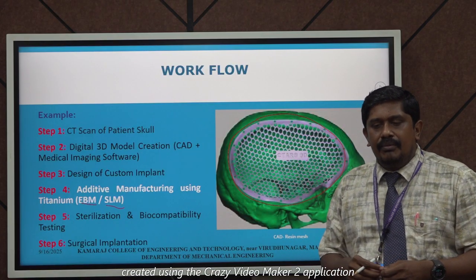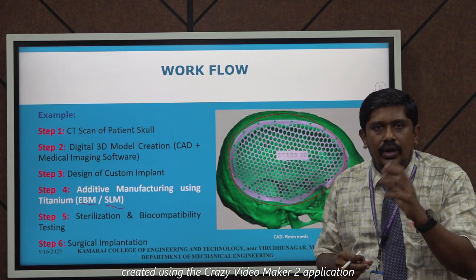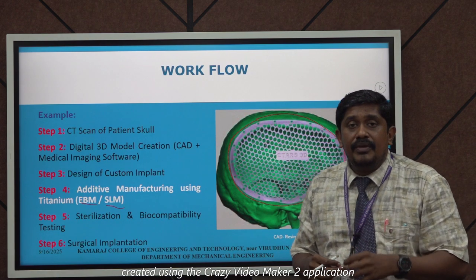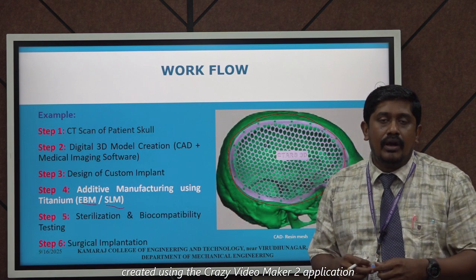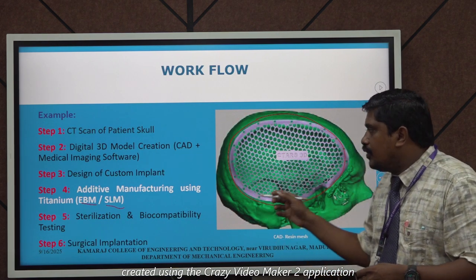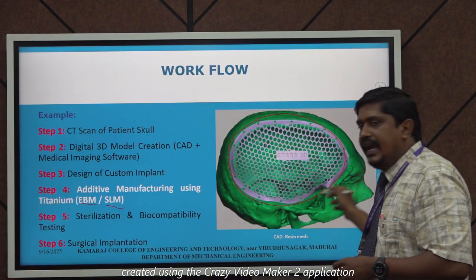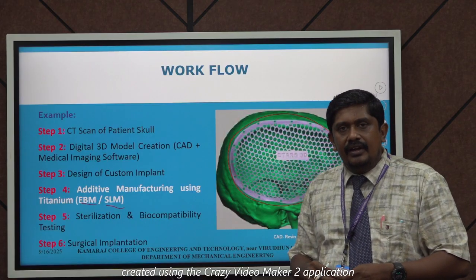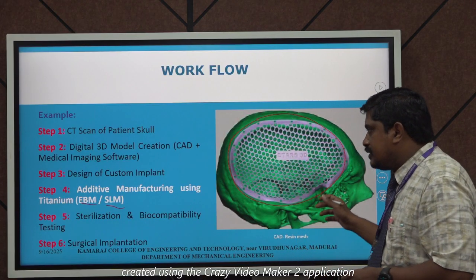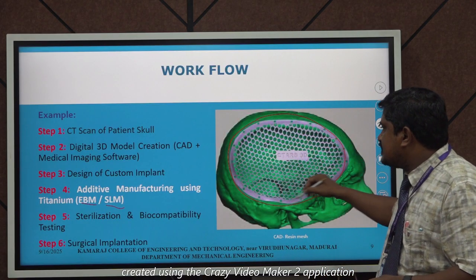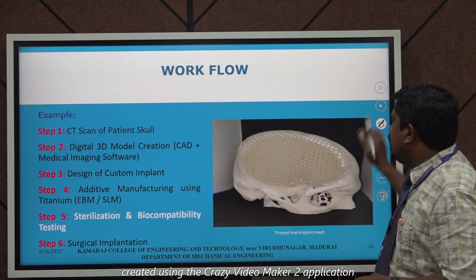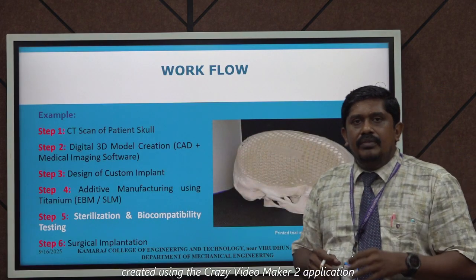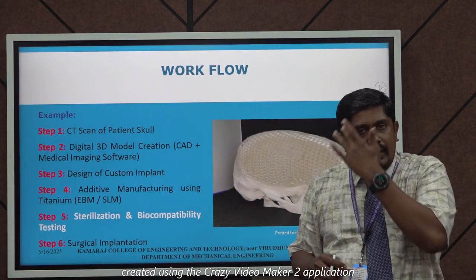This is a metal additive manufacturing method widely used for titanium products and alloy products. By using this software, we can create the 3D design, and we will print the final metal additive manufacturing product. Once the final stage is accepted, we go for some trial testing.